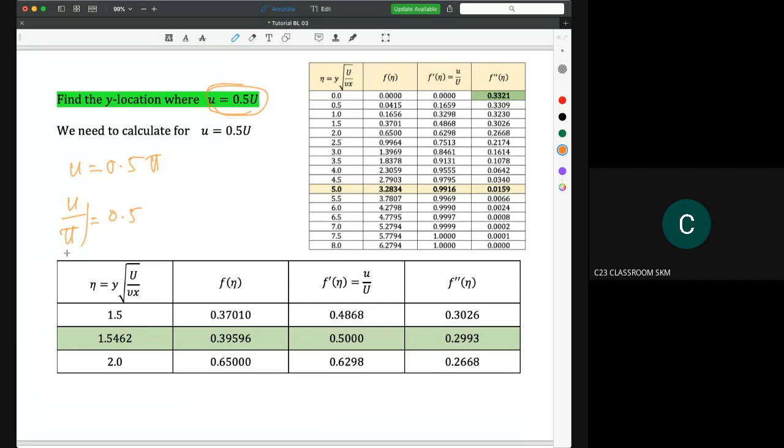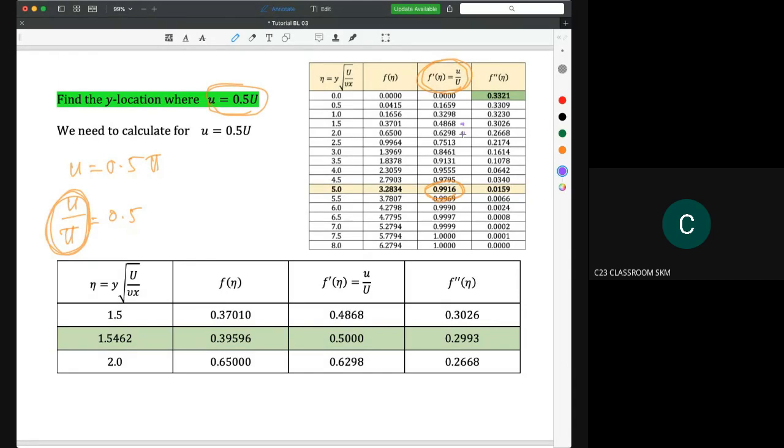So we need to look at the column of u over capital U. Normally we will take 5 because this is the 99%. But now we are aiming with 0.5, meaning 50%. According to this table, we don't have 0.5, we have 0.48 and we have 0.6298.